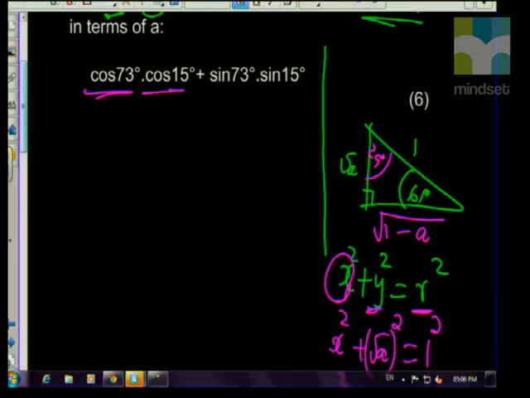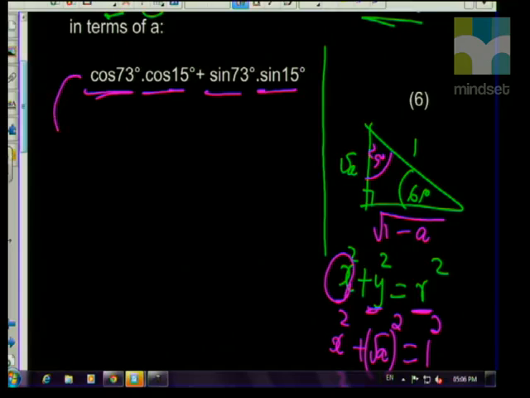Now, this is cos 73 times cos 15 plus sine 73 times sine 15. Now, these are your compound angle identities, all right? So with your compound angle identities, remember, if you're given cos of x minus y, with the cos there's going to be cos, and then sine, and then the different sign, okay?